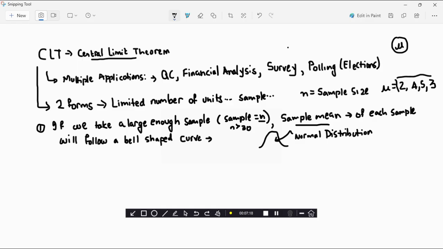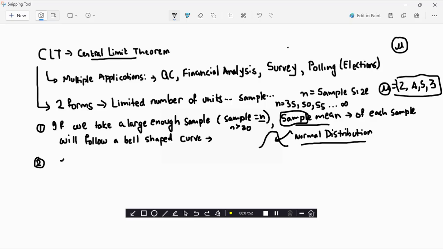These numbers are the mean of each sample, and the sample could be 35 units, it could be 50 units. So n could be 35, 50, 55, and so on, up till infinity. Your sample mean of each sample will follow a bell-shaped curve, which is also your normal distribution.